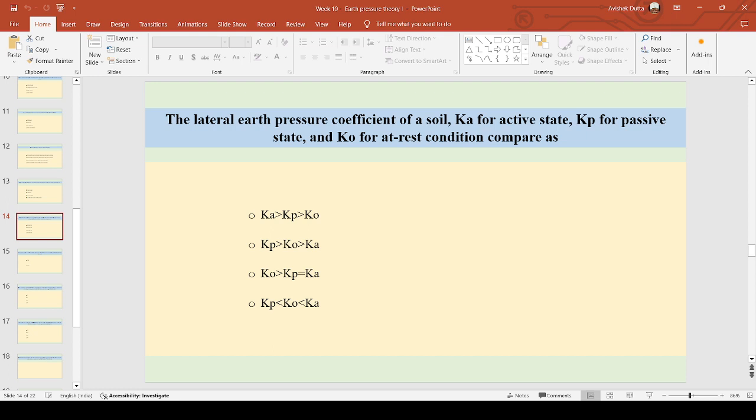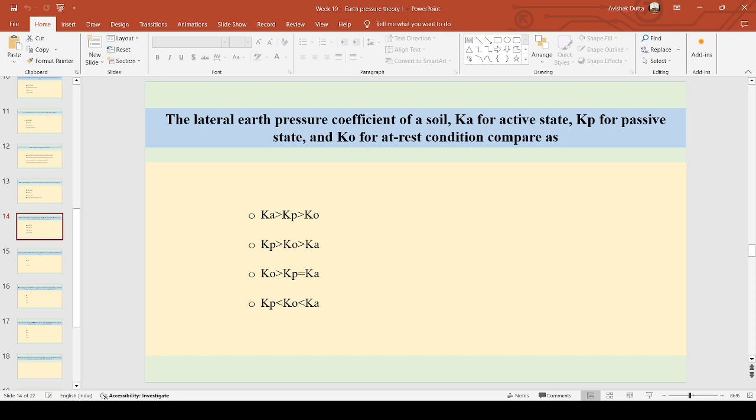I'll repeat the question once. The lateral earth pressure coefficient of the soil, Ka for active state, Kp for passive state, and K0 for at rest condition, compare as. How do they compare? The options are Ka is more than Kp is more than K0.